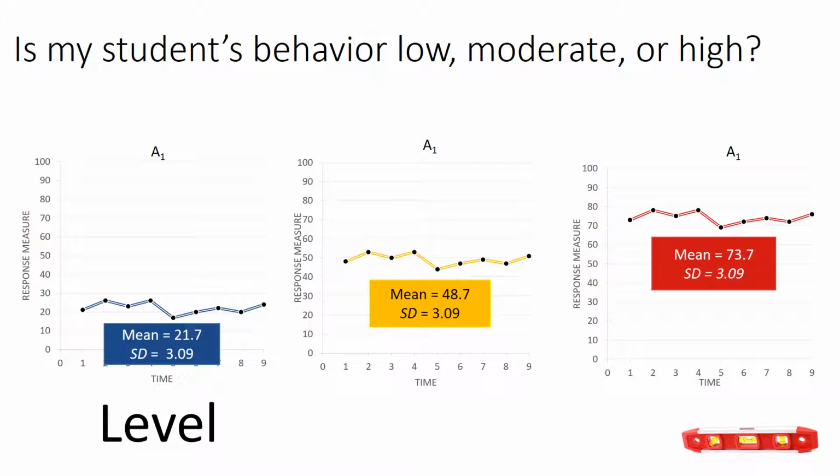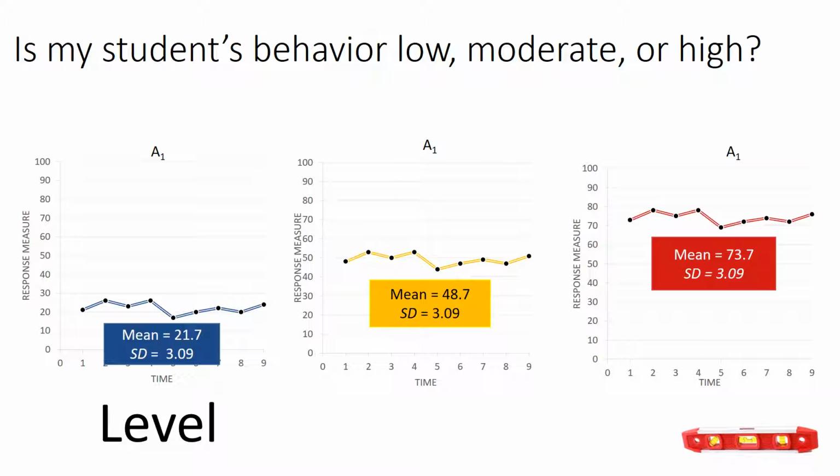In the second example, yellow, baseline levels are averaging 48.7 as indicated by the mean score of the phase. This is relatively mid-level on this scale. In the third example, red, baseline levels are averaging 73.7 as indicated by the mean score of the phase. This is relatively high on the scale in comparison.